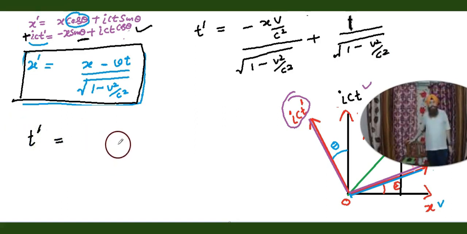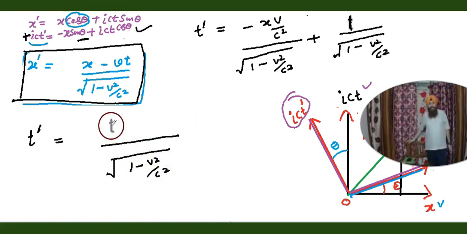So t dash becomes, the denominator is root of 1 minus v square over c square, and the numerator t minus xv upon c square. They are the two equations.